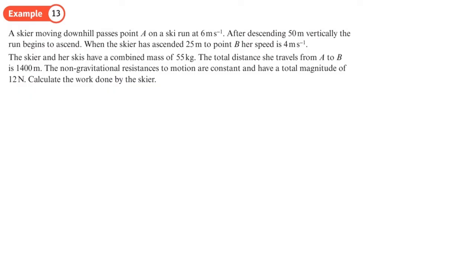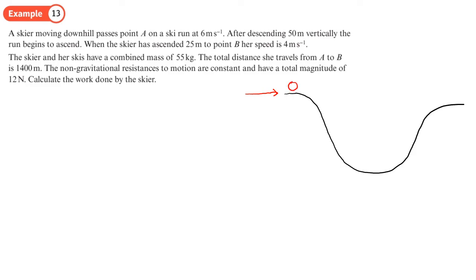So we've got a skier here that's going downhill and then they come back uphill again. So they go down and then they go back up, but they don't go back up as high as where they started. The skier's starting here, and at this point I'm going to model them as a particle.